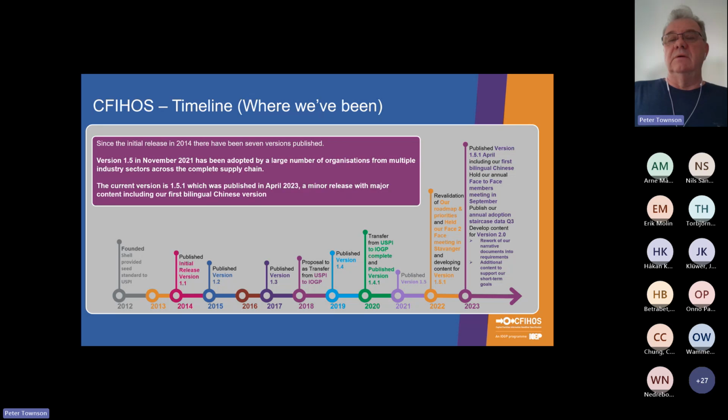But once that transition had happened and had been complete, as you can see from this diagram, the cadence at which we started to deliver content, we tried to adopt agile principles.